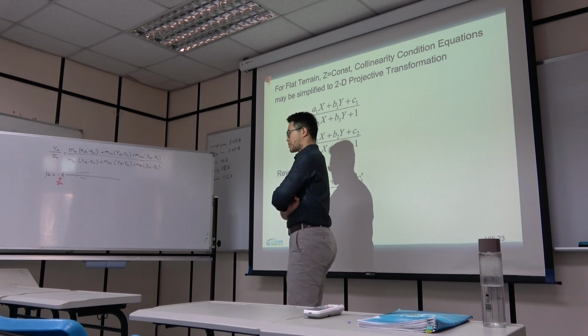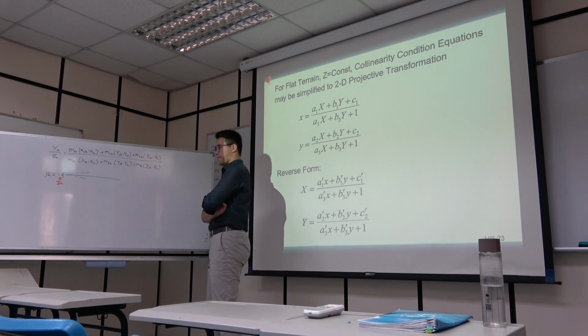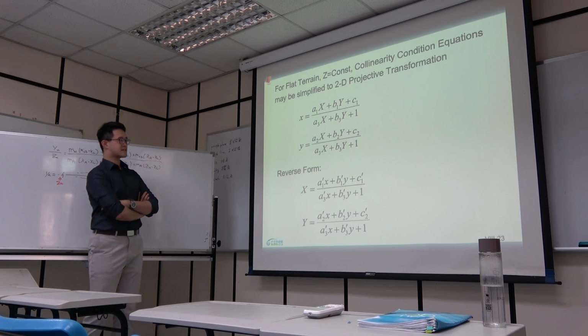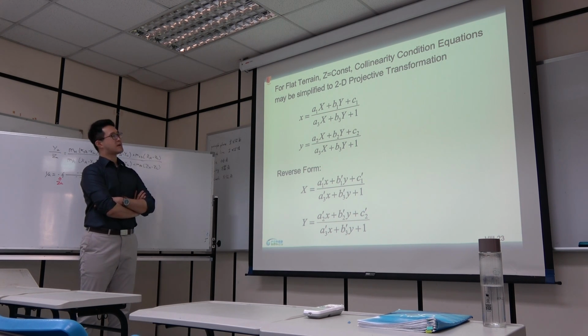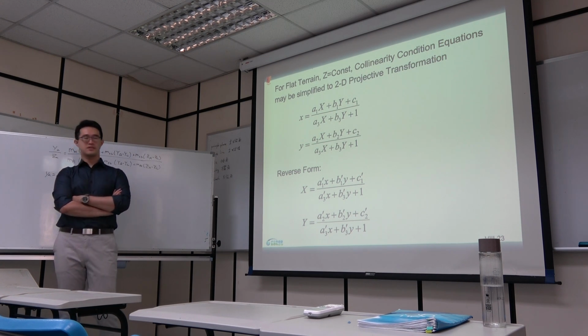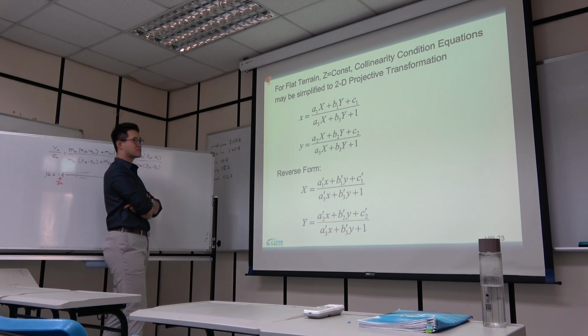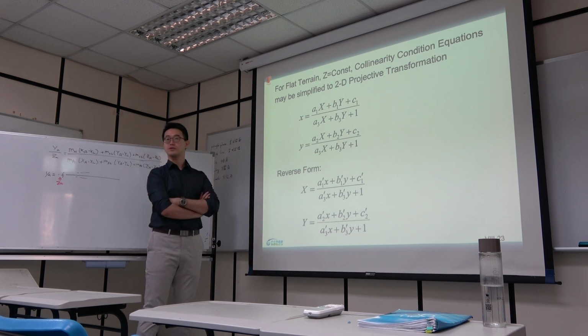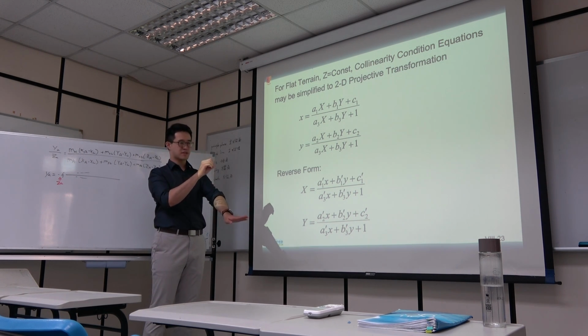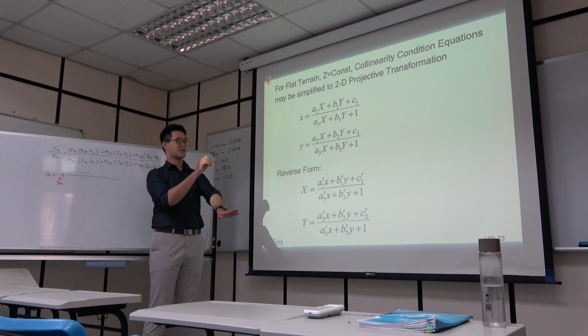The 2D projective transformation is less strict. It doesn't care about where your perspective center is. However, you still need a certain perspective center because, like I said, it's two planes that have a perspective projection relationship. So you still need a perspective center somewhere, but it doesn't really care where that is.